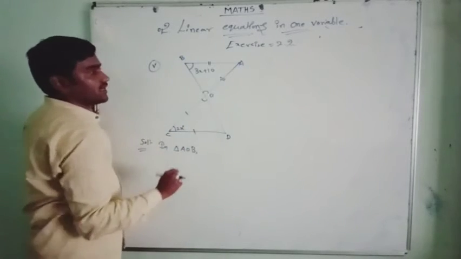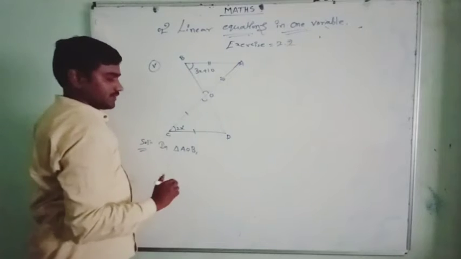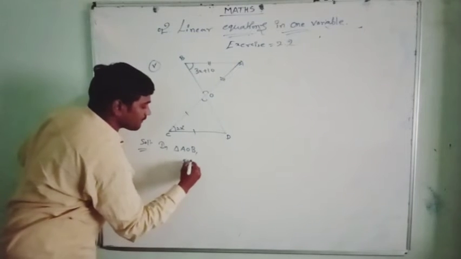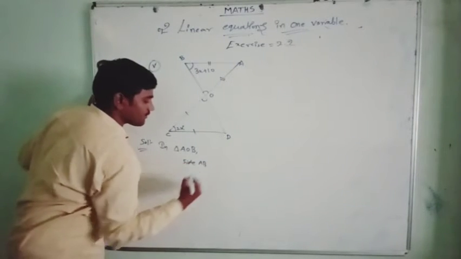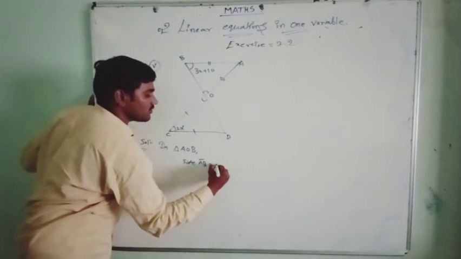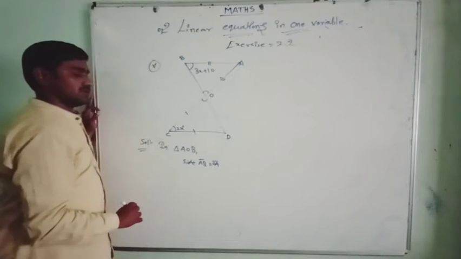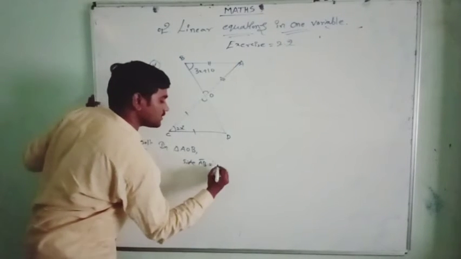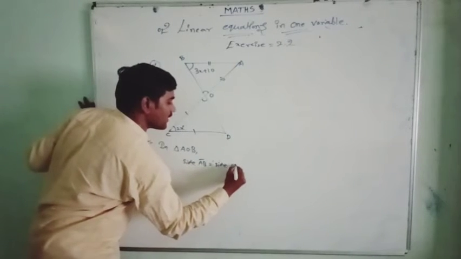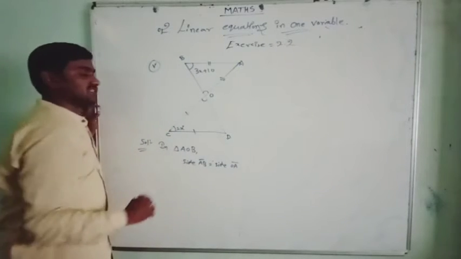The AB side is equal to AO side. AB side is equal to OA side. These two sides are equal.